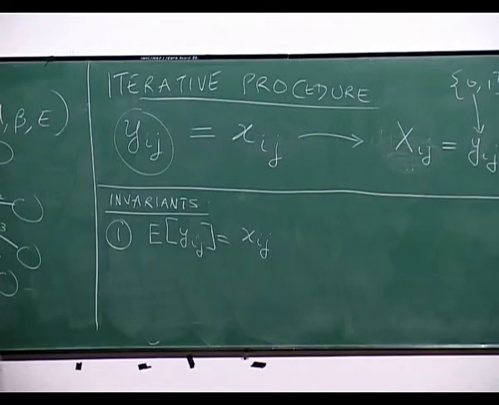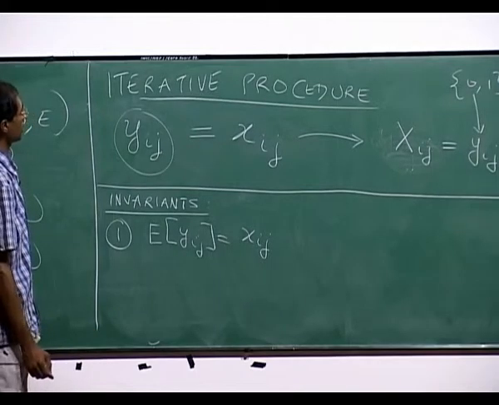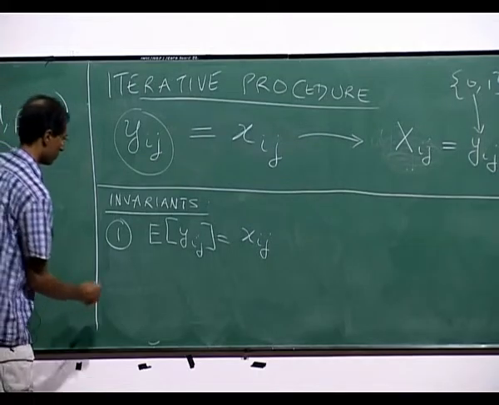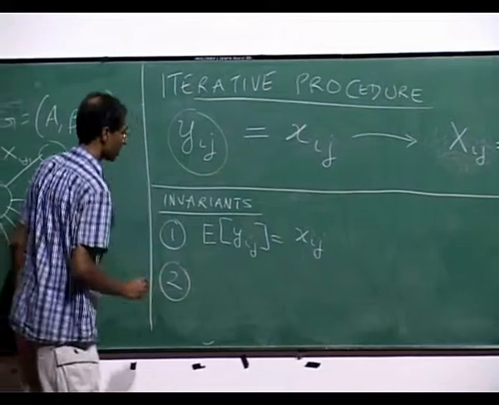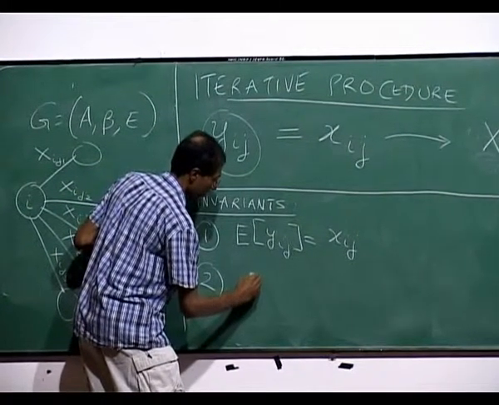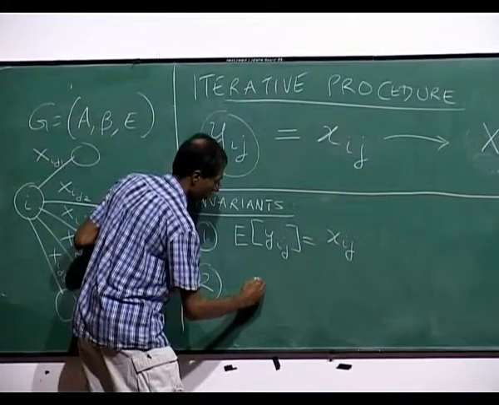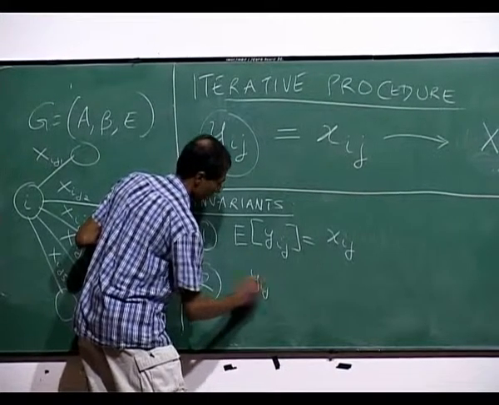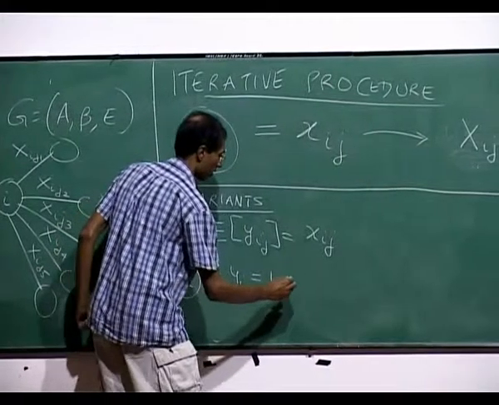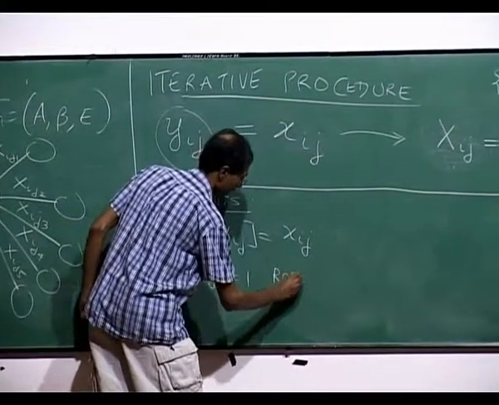Second, if yij is 0 or 1, we'll call it rounded.